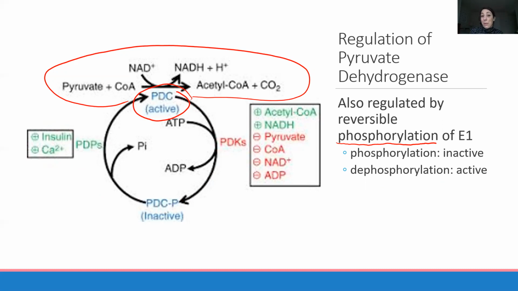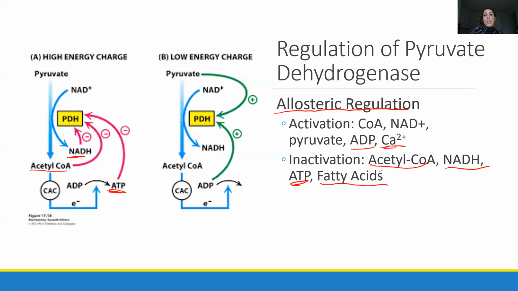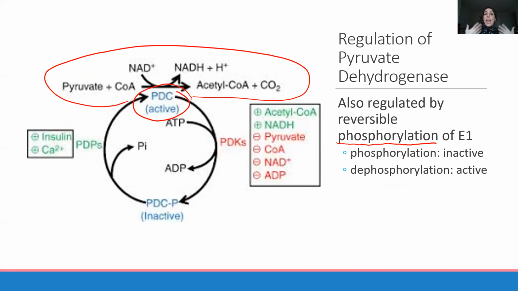So there's a lot of regulation going on. Remember that there's main allosteric regulation. This is the actual direct regulation from these molecules on the pyruvate dehydrogenase complex. And there's regulation by this phosphorylation mechanism that's occurring through a kinase and a phosphatase.